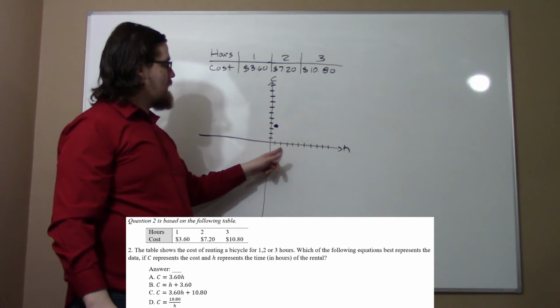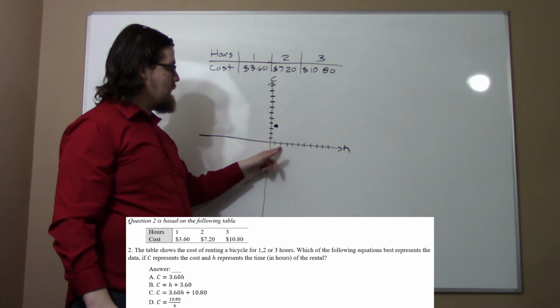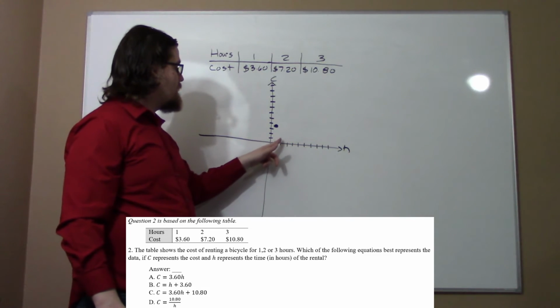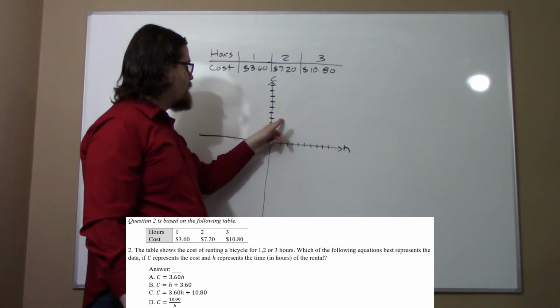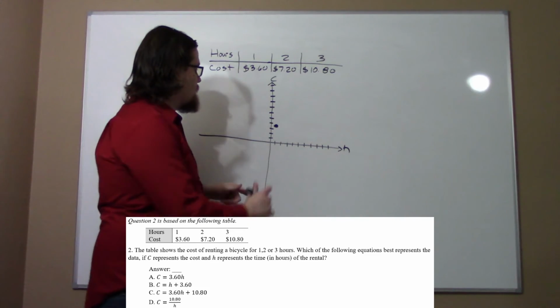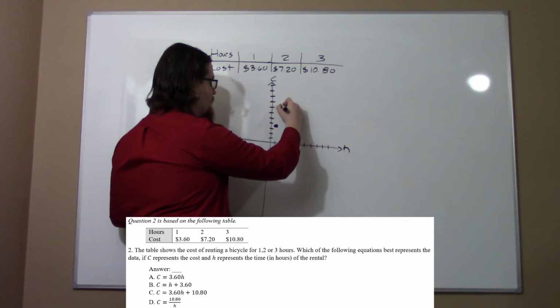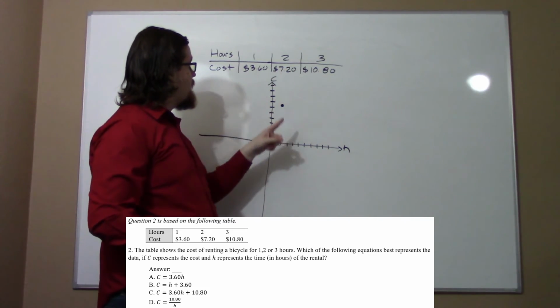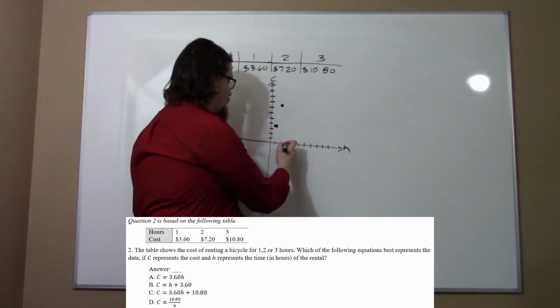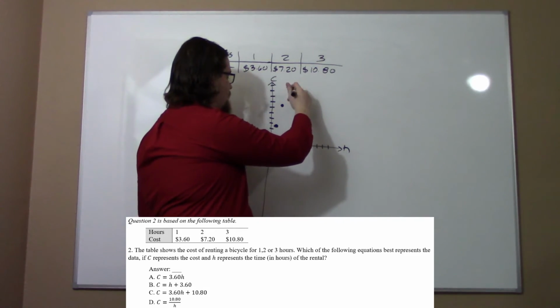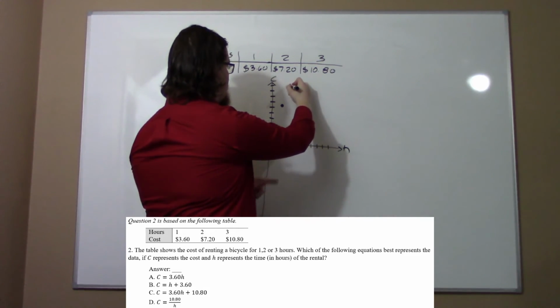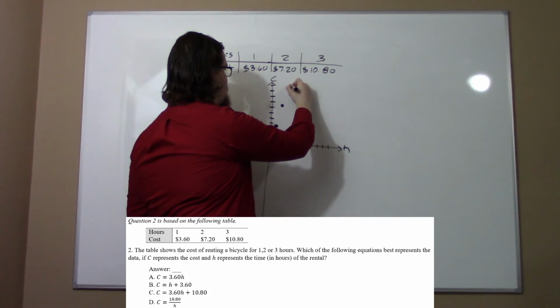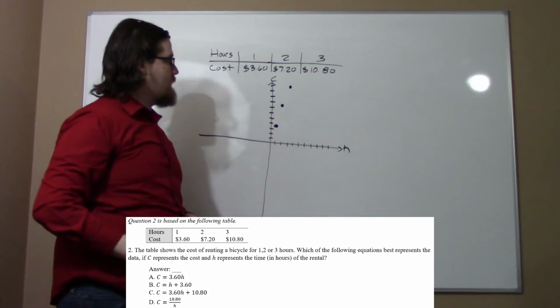And then finally next we're going to go over to point 2 for hour 2 and then go up. That's 4, 5, 6, 7. We're going to go just a little bit above 7 right here. And so that'll be our second point. And then finally for our third point we go hour 3, 10.8. So this is 3 here, this is 11, so I just need to come over here and just right under the 11, we've got our third point.